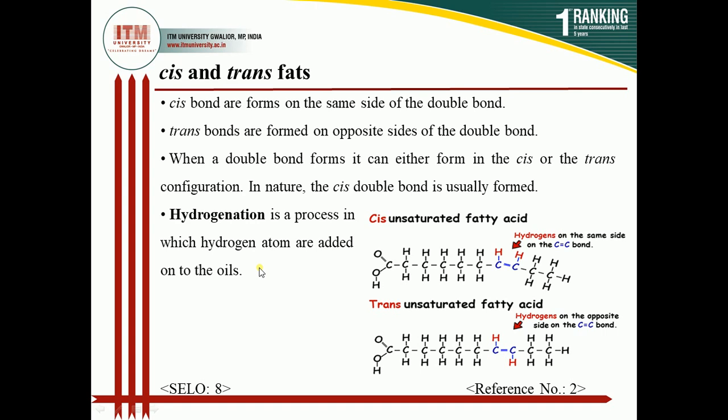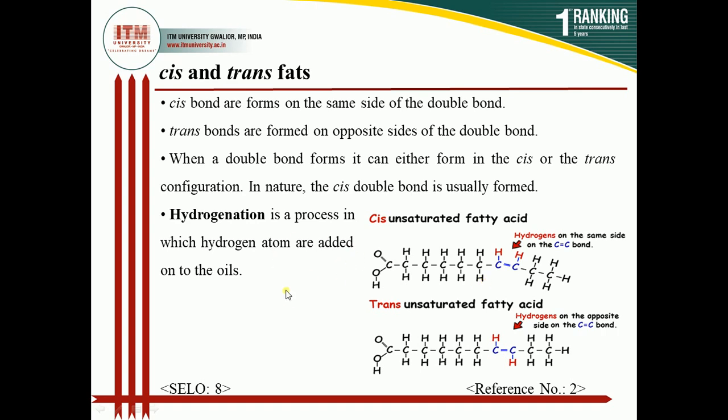Mostly the unsaturated fatty acids, as I have already said, follow the cis configuration. Cis configuration means bent, slightly bent, while these are the linear or straight chains.